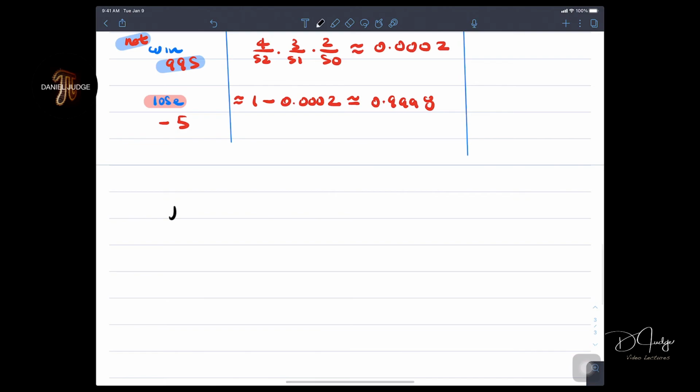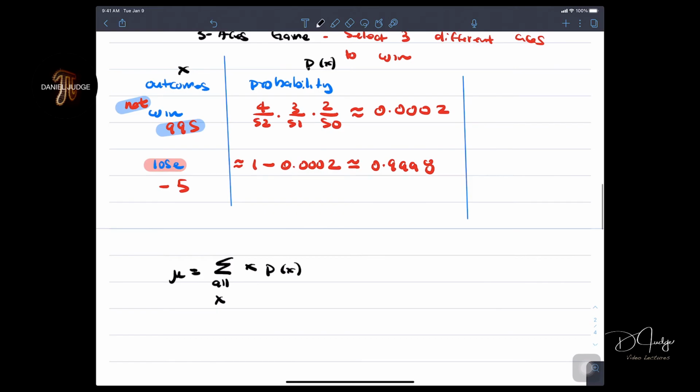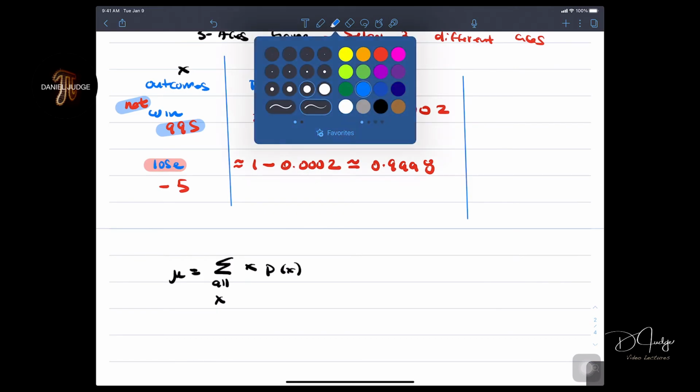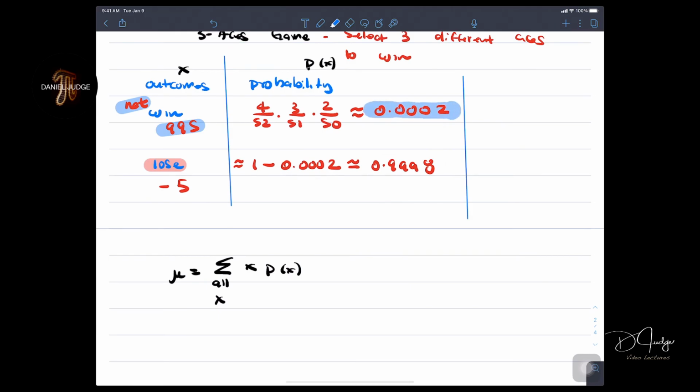When you want to compute that expected value, mu is the sum x times P of x for all x. We use the x value and the associated probability value. So you create this additional column of x times P of x.